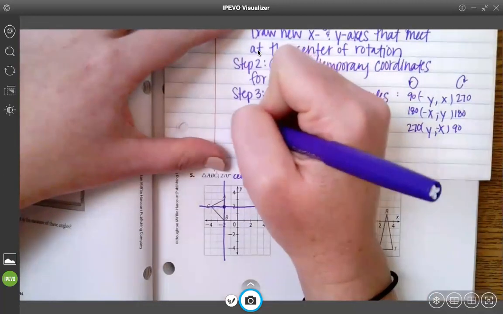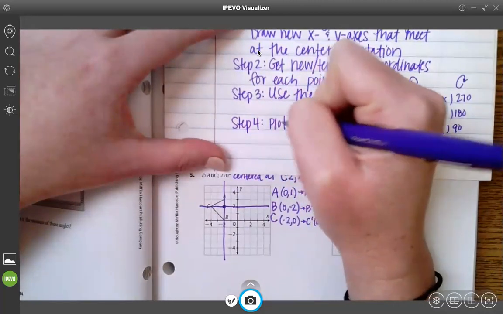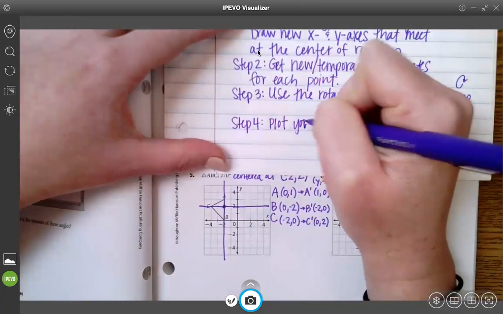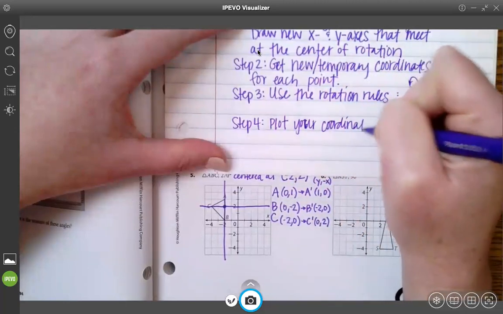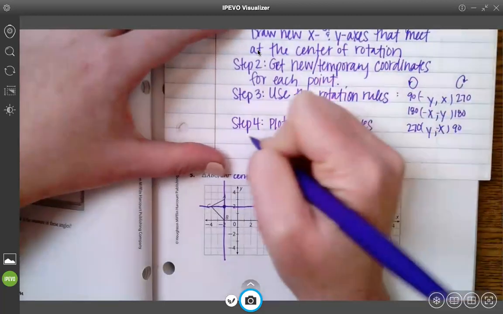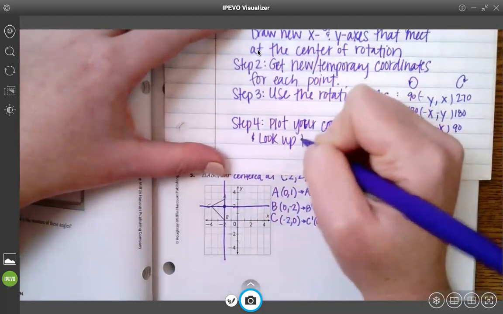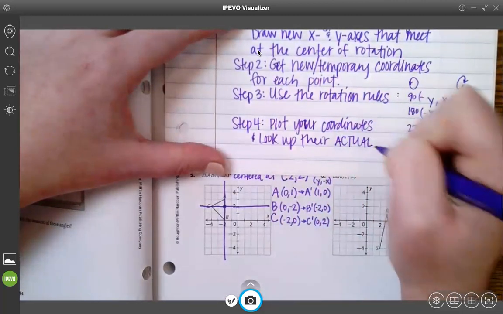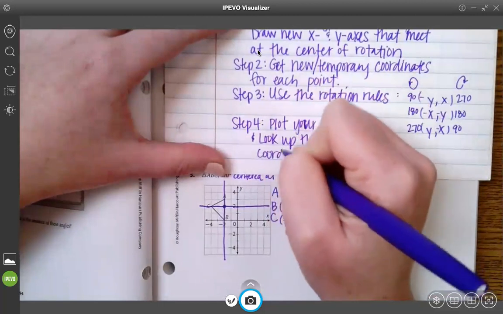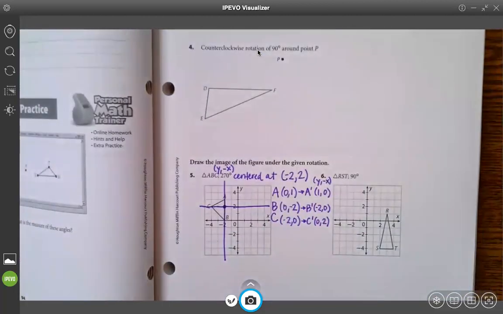After you've done that, last step, plot your coordinates and look up their actual coordinates. So I'm going to plot.